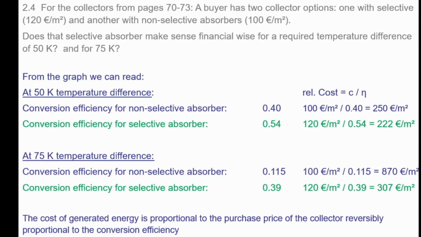At 75 Kelvin temperature difference, we have then 870 euro per square meter, while at the selective absorber we have only 307 euro per square meter. I just took for granted that the cost of generated energy is proportional to the purchase price of the collector and inversely proportional to the conversion efficiency.